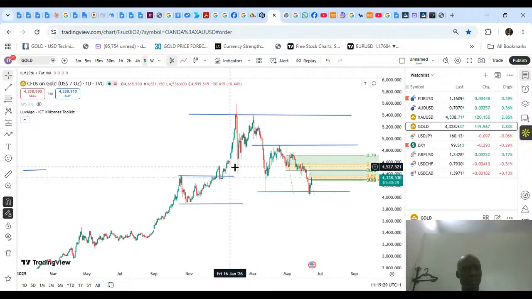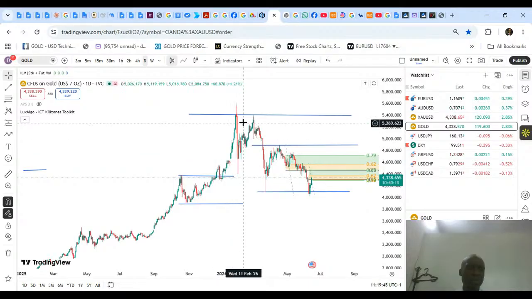There's a break of structure here, and then it creates a new high. It pulls back. It creates another high. This is a break of structure. And then it now goes high up.